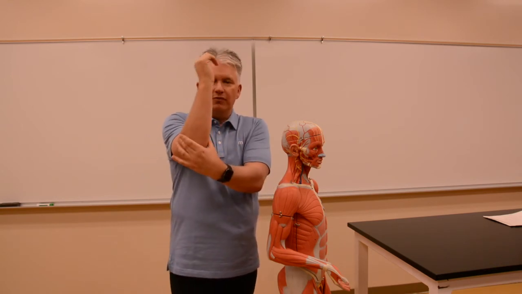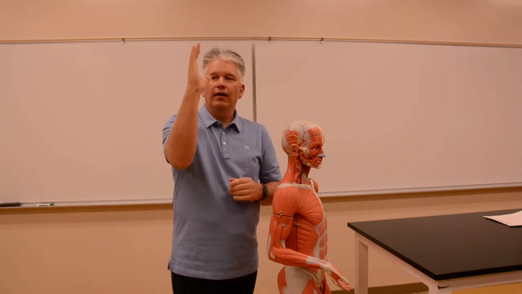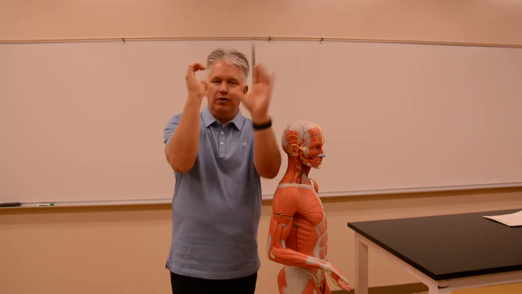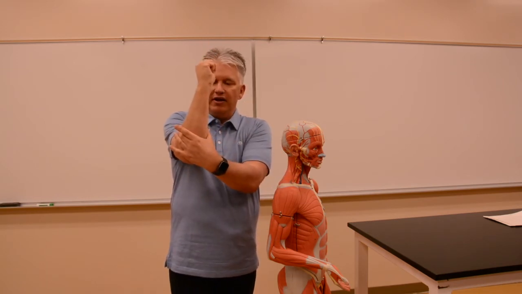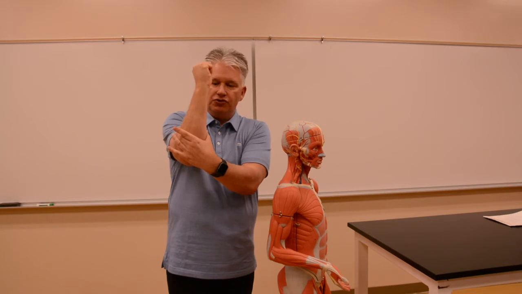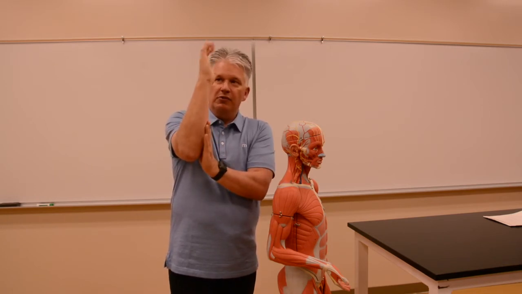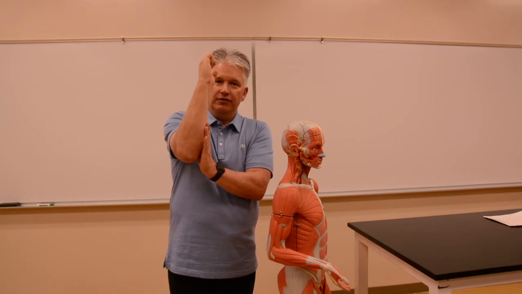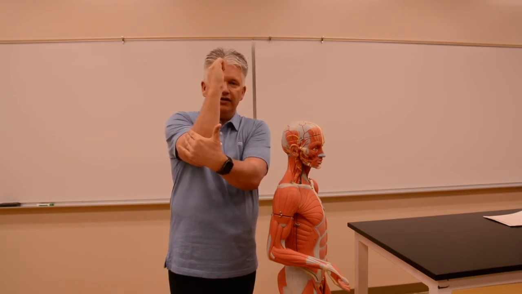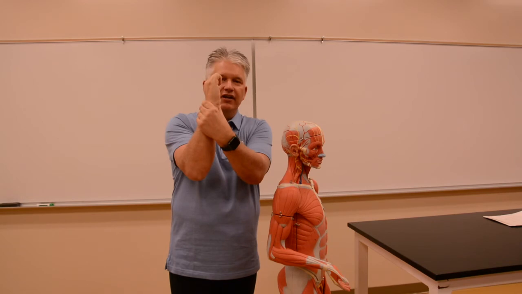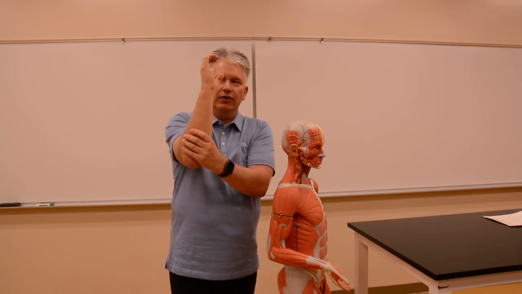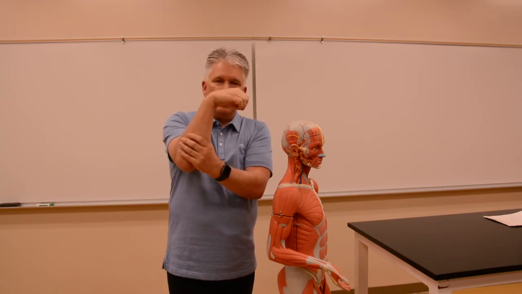Because I have muscles on both sides of the forearm, make a fist. Put one hand on your forearm and make a fist. And you feel muscle contraction on both sides. Why? Well, these muscles are curling my fingers. What are these muscles doing on the extensor side? They're fixating the wrist so that the wrist, when I curl, doesn't collapse.